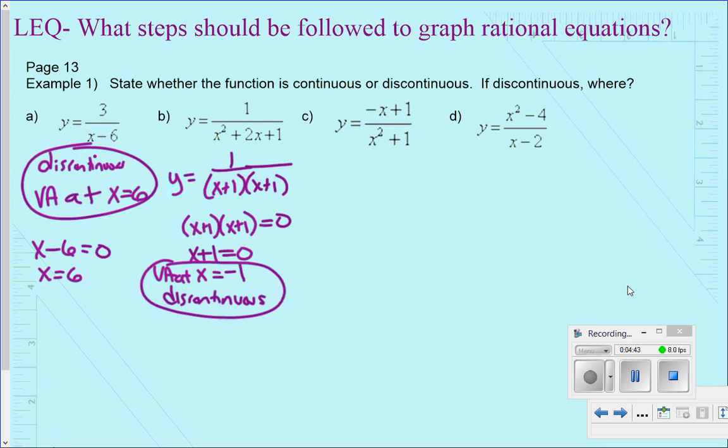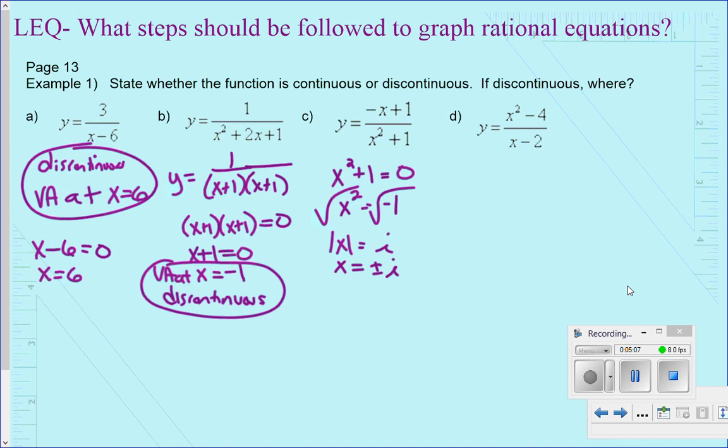Okay. So next one, we look at that, and it looks like it does not factor, so I can't simplify anything. So I'm going to set the denominator equal to 0 and solve. Looks like the square roots technique would be best there, square root of each side. I'm getting the absolute value of x is equal to i, which means x is plus or minus i.